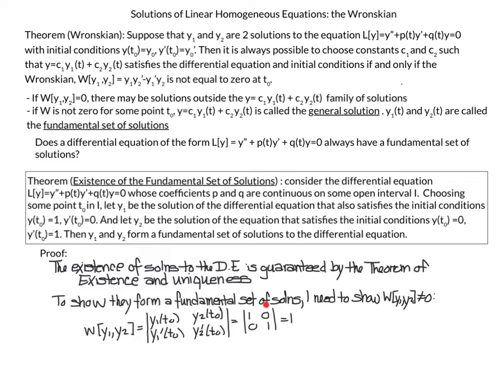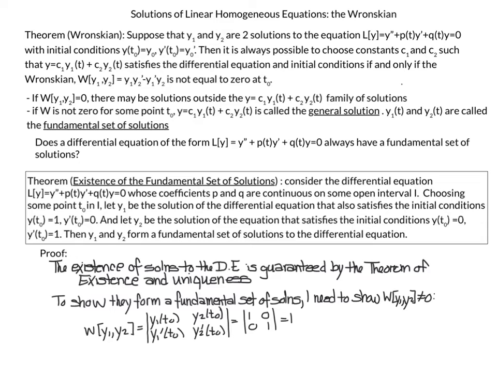And then to show they form a fundamental set, I need to show the Wronskian is not equal to 0. Again, this all depends on the Wronskian. So W(y1, y2), here I have y1 and y2 both evaluated at t naught, and then y1 prime and y2 prime evaluated at t naught. But these are given to me in the conditions of my theorem.